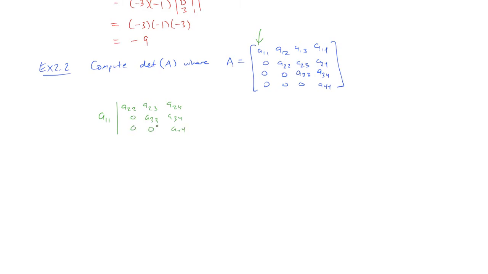You can already see the pattern emerging here. Then we get a bunch of zeros. And I guess the first 0 is going to be negative here technically, and then plus 0, minus 0, times those determinants. And then we get A11, use the first column again, so we get A22 times this little submatrix determinant.